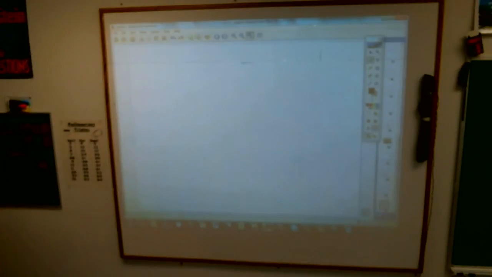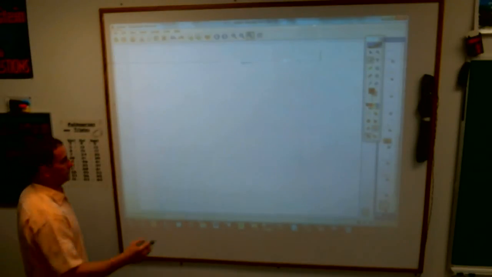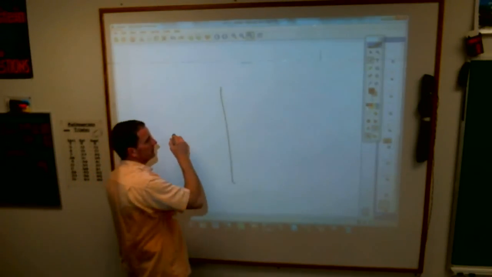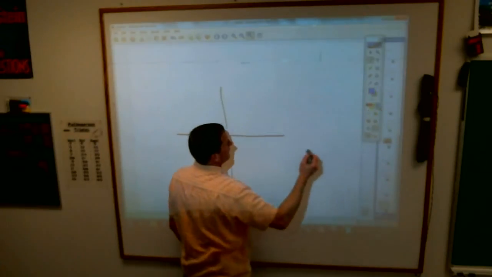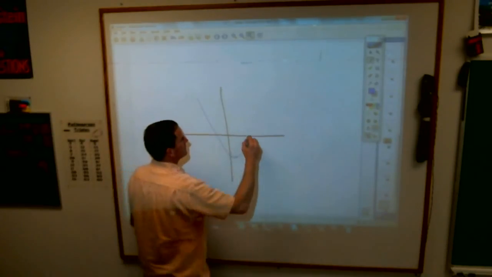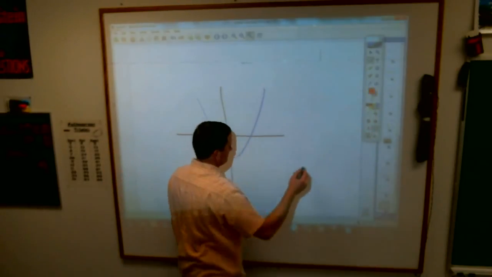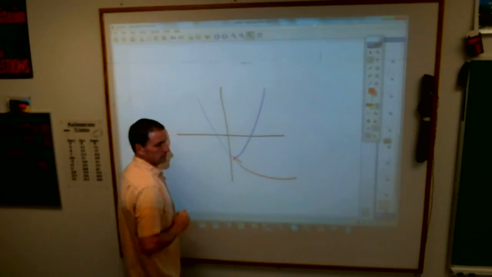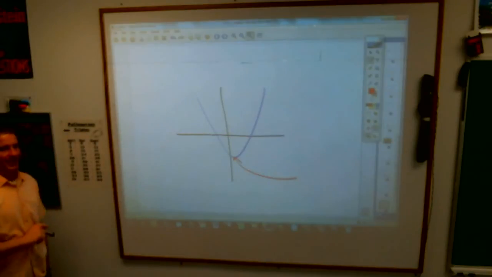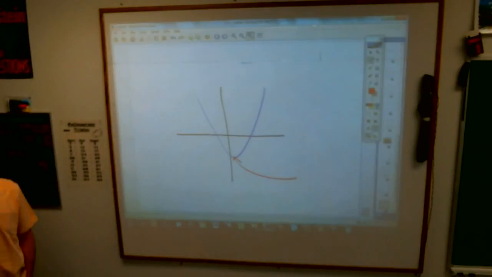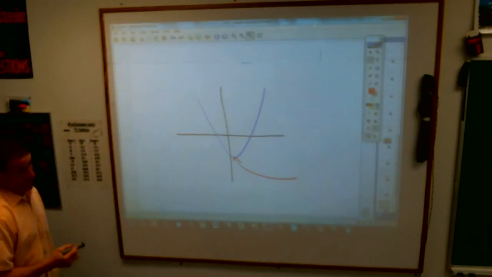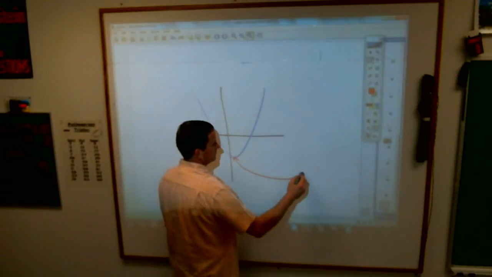If you're looking in the book here, we talked about this. If you've got a quadratic that you have graphed, what is this point called? The very bottom, the very top. Yes, they're called minimums and maximums, but they're also called the vertex.